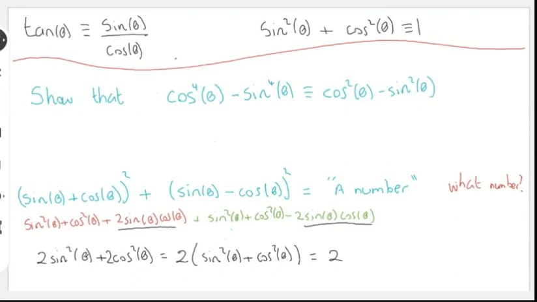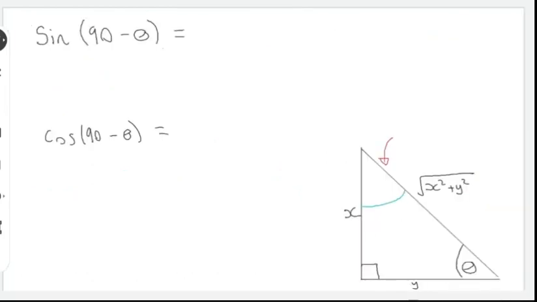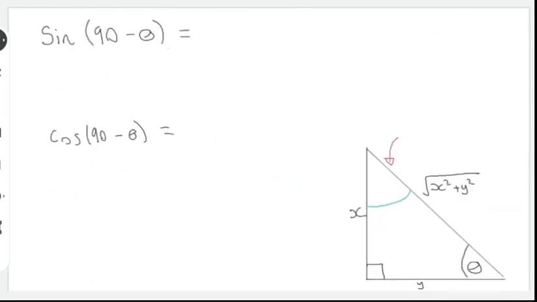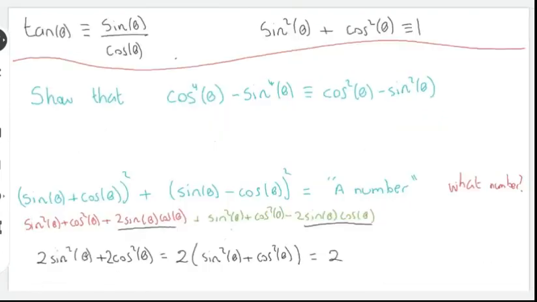Now the other question is, what about that one on top? How would we show that cos to the 4 theta minus sine to the 4 theta is the same thing as cos squared theta minus sine squared theta? Because sine squared theta plus cosine squared theta is just 1.